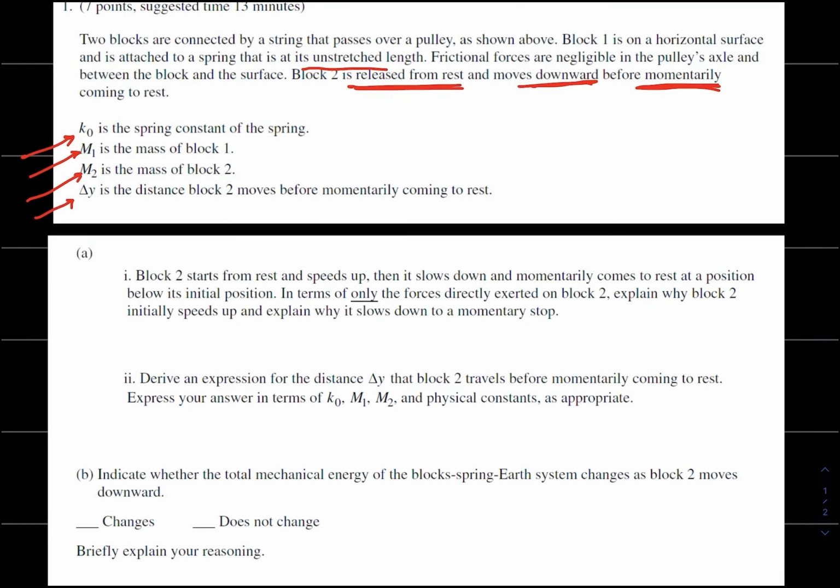They say block number 2 starts from rest and speeds up. Then it slows down and it momentarily comes to rest at a position below its initial position. In terms of only the forces directly exerted on block number 2, explain why block number 2 initially speeds up, and explain why it slows down to a momentary stop.